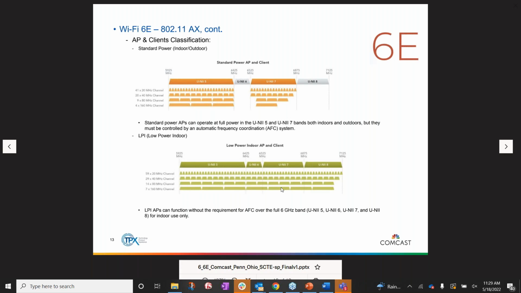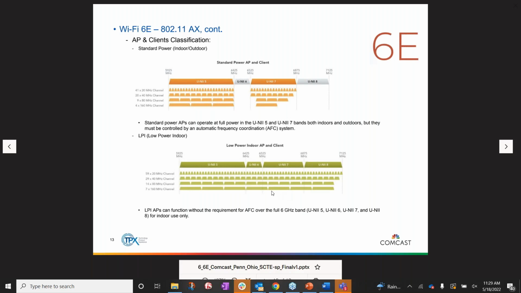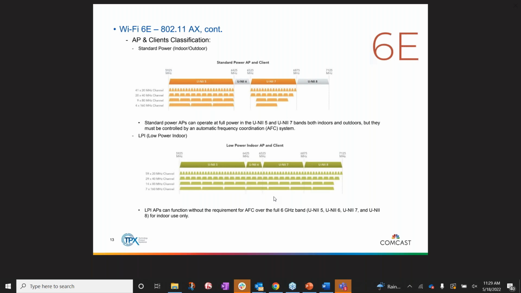And like the standard-power access point, the low-power indoor access point also has some kind of restrictions. It's not about operation, but it's a kind of design restriction. These low-power indoor access points should not be enclosed in a weatherized enclosure so that they could be put outside.